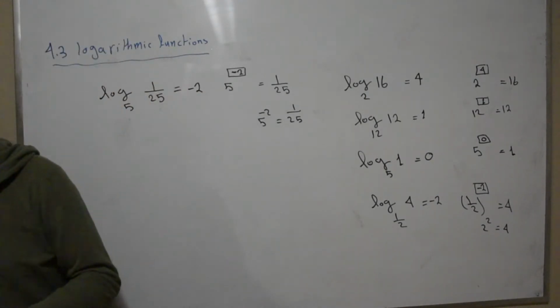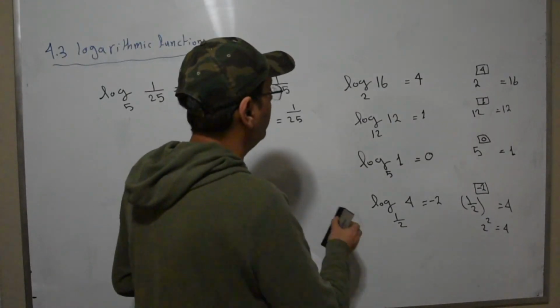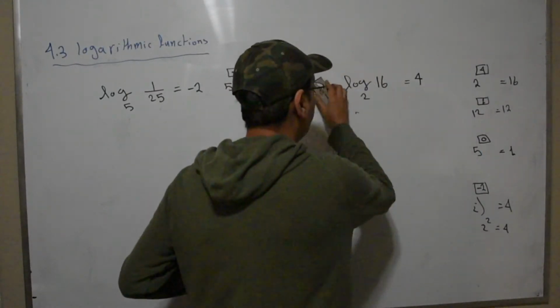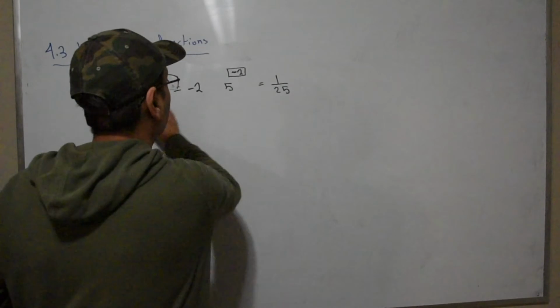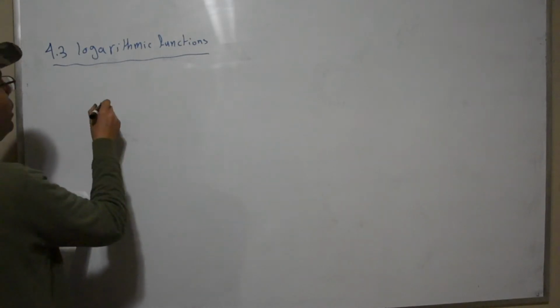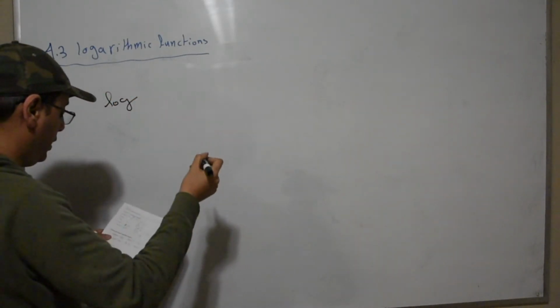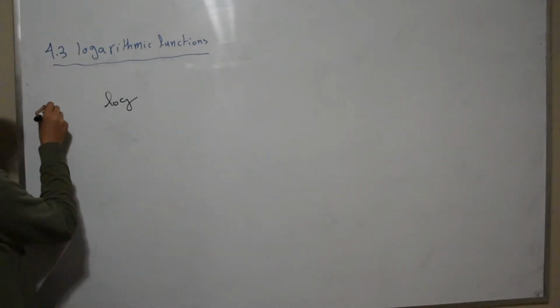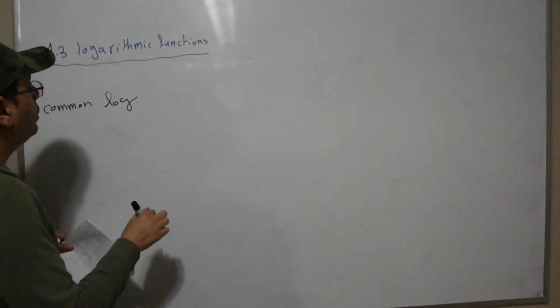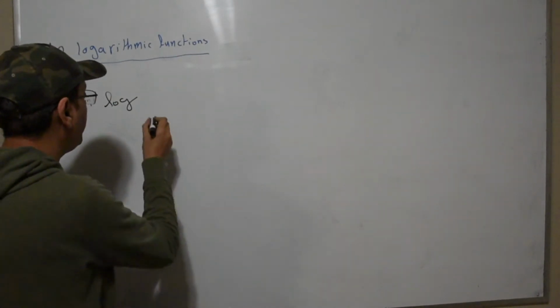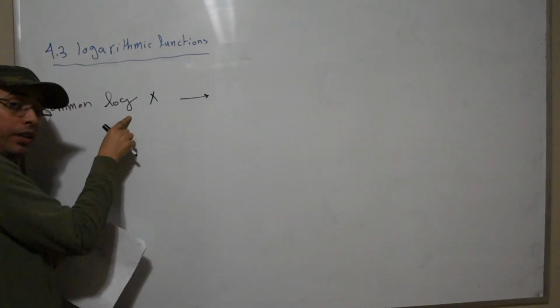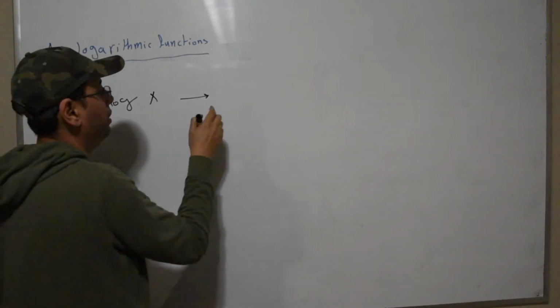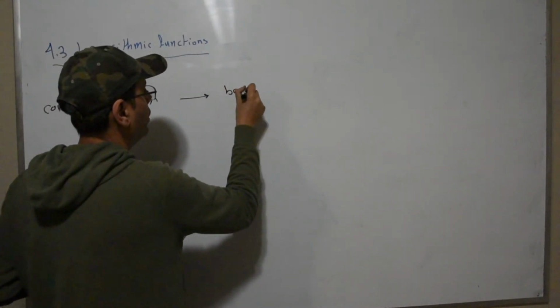Now I'm going to talk about defining two common logarithms. The first one, when we don't write the base, let's say just log x, the common log, that means the base here is 10.